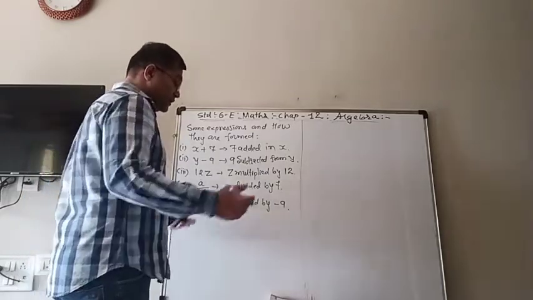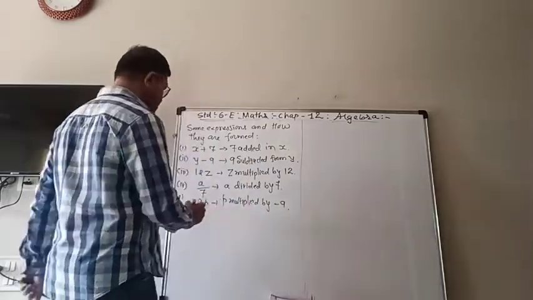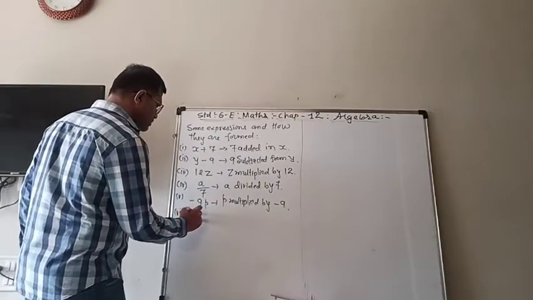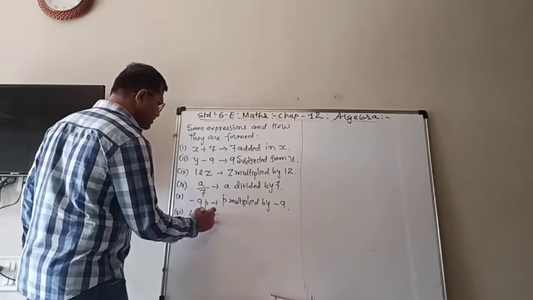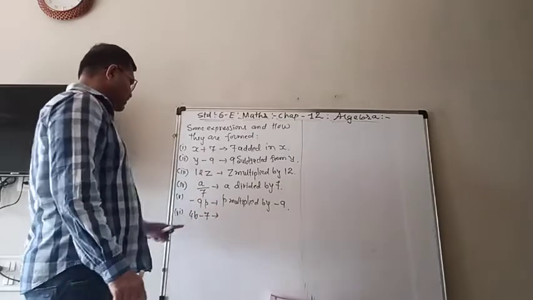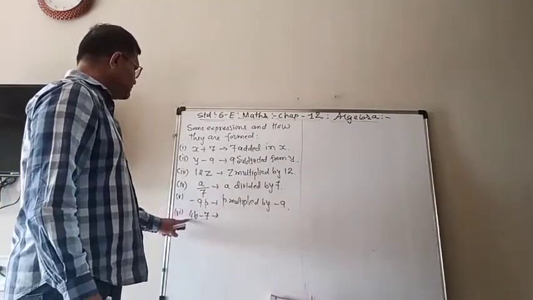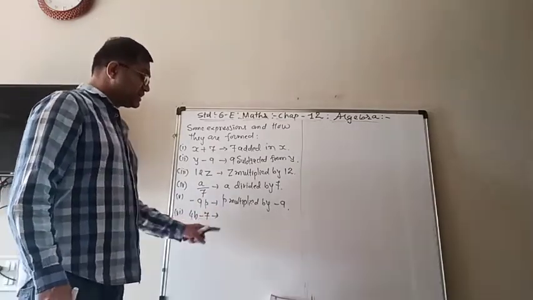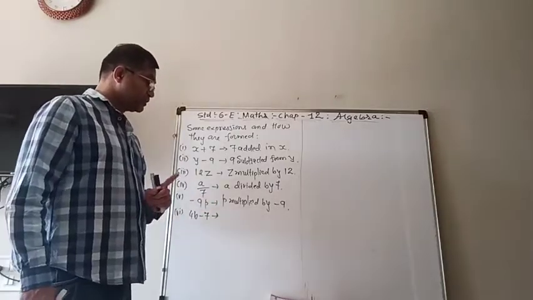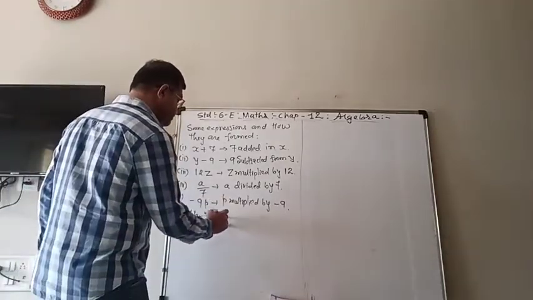Or we can do a combination now, like 4b minus 7. So what did we do first? We multiplied by 4 and then 7 subtracted.